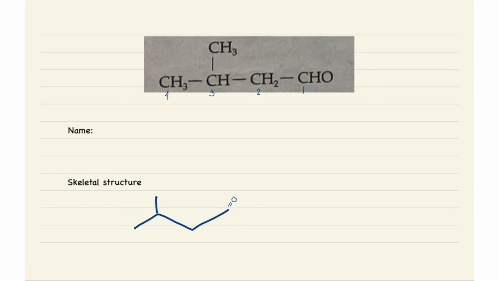So 4 carbon atoms is butanol. So we have here butanol. Then the location of our alkyl group is in carbon number 3. Tapos meron siyang isang carbon atom, so that is methyl. So our final answer is 3-methyl butanol.